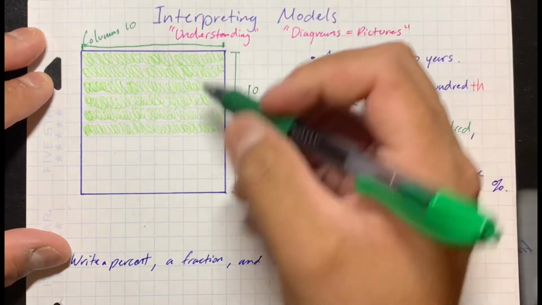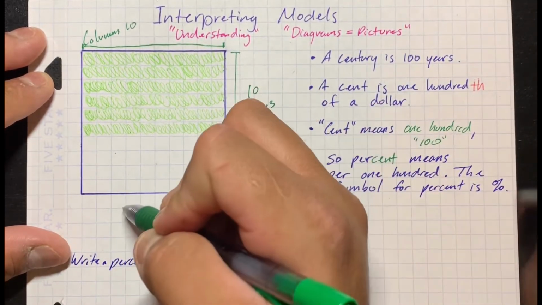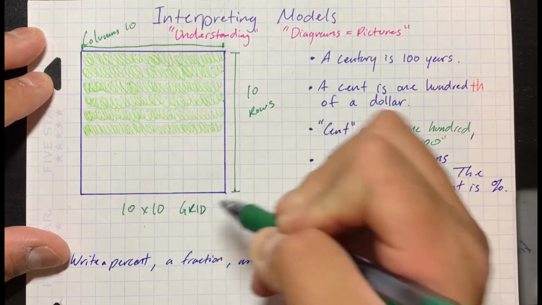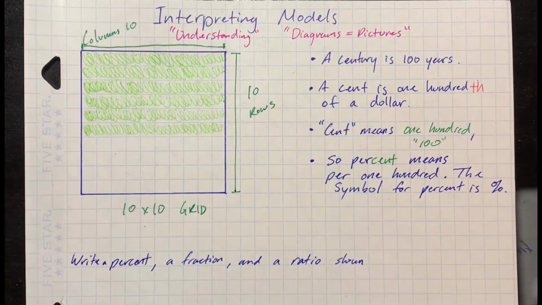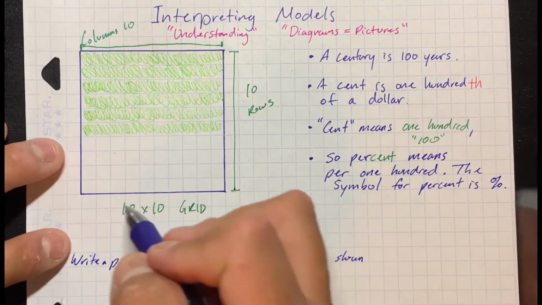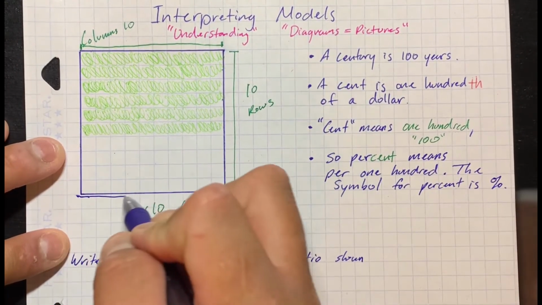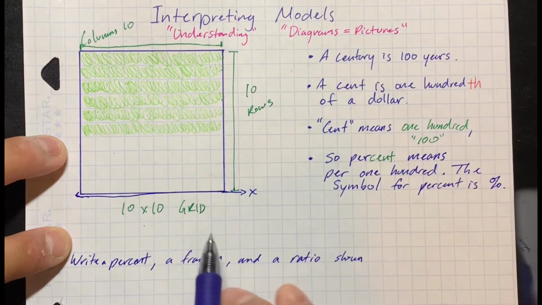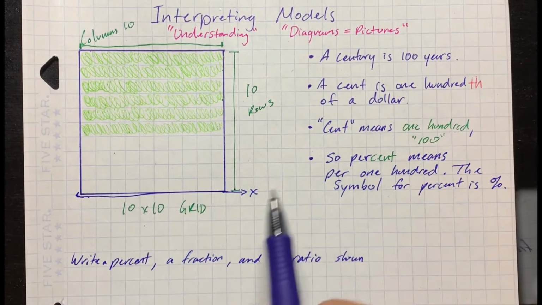Okay, now this again is a 10 by 10 grid. So again, your x-axis, your horizontal number line, has 10 columns.